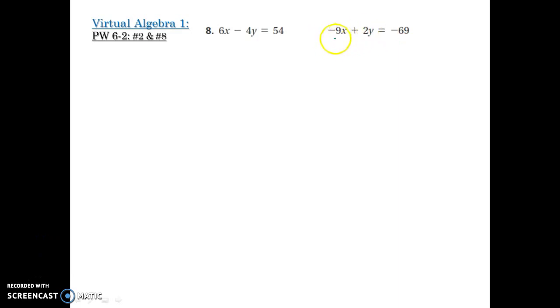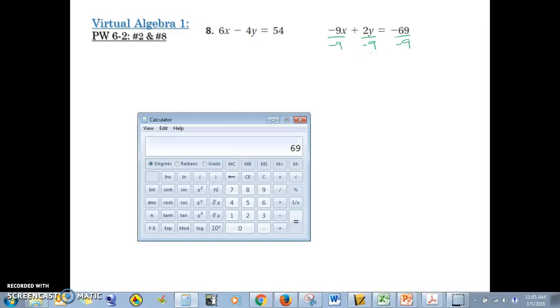If I was going to get this x by itself, at some point I would have to divide by 9 or negative 9 to get that x all by itself. 69 divided by 9, does that come out even? 69 divided by 9 is a disgusting decimal. 7 2/3. 7.6 repeating is 7 2/3.